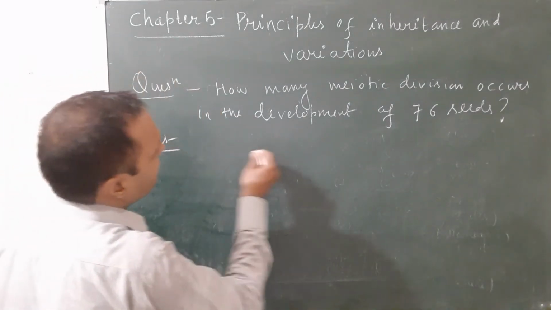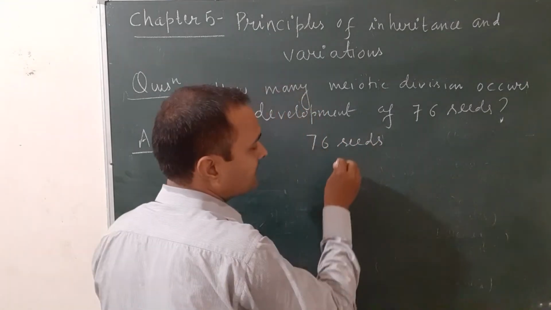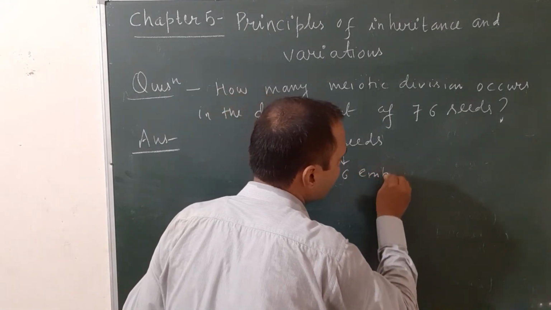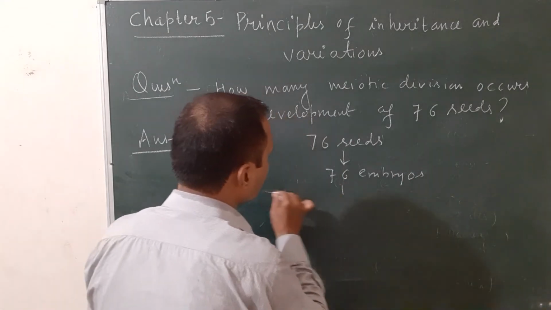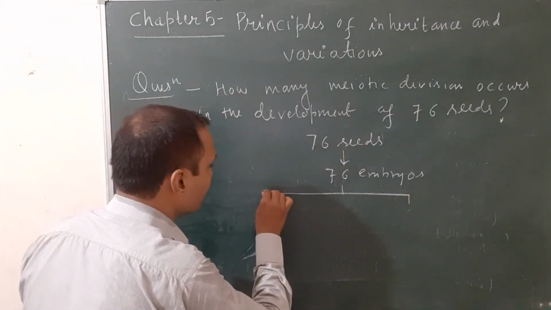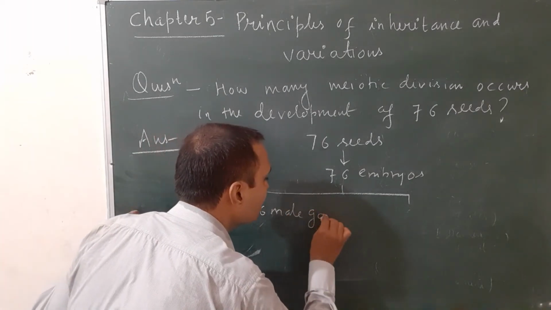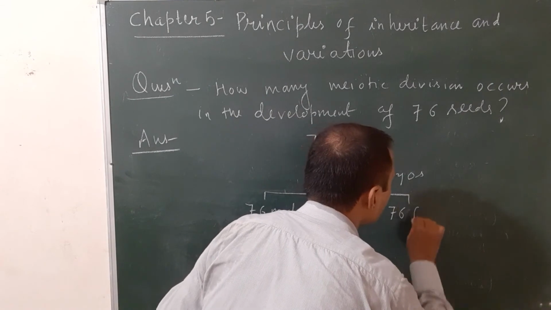You know 76 seeds require 76 embryos, correct? And these embryos require 76 male gametes and 76 female gametes.